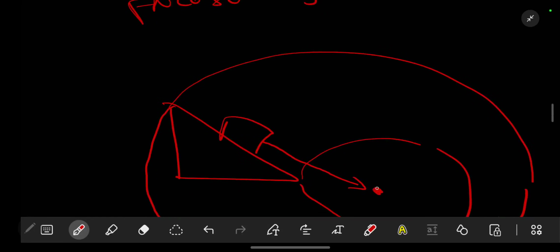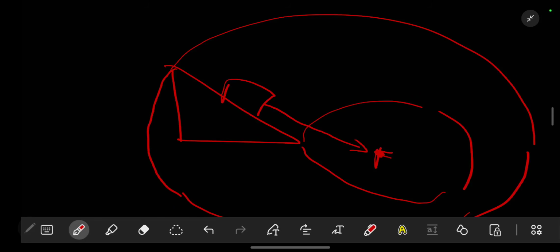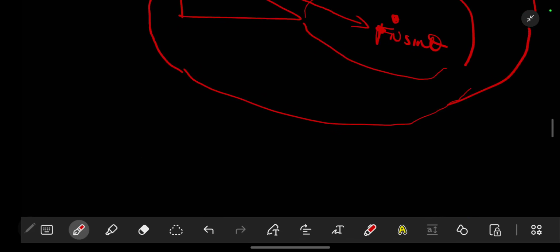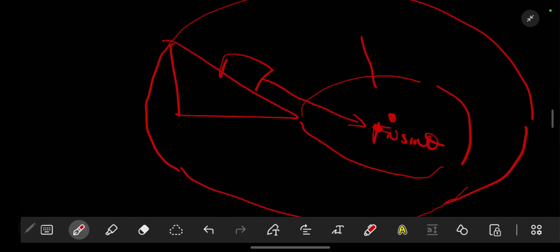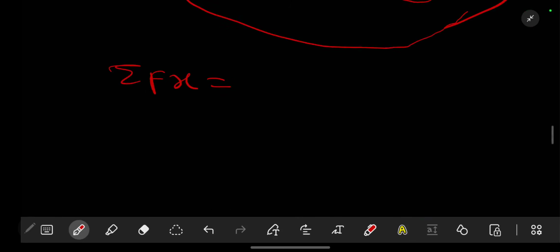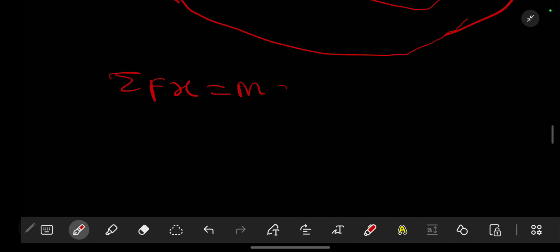In this case, we are dealing with Fn. So we say Fn sine of theta points to the center. Whatever points to the center produces the centripetal force. So we are going to say summation of forces in the x. Since it is pointing to the center, there is certainly the acceleration, and that's why we use a_c to represent the centripetal acceleration.